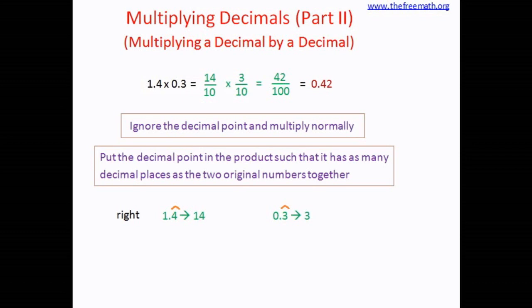Now when you multiply these two numbers, since you moved the decimal point to the right twice, in the answer you should move it to the left twice. So the answer, which is 42 here, let's move the decimal point to the left 2 times, and then you get the answer as 0.42.